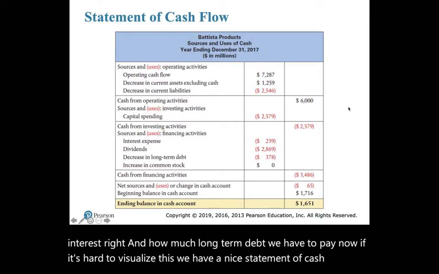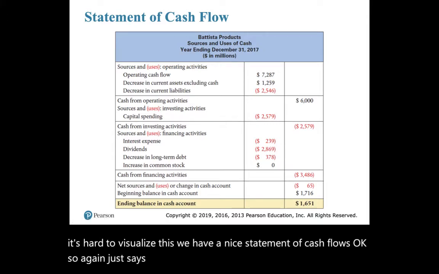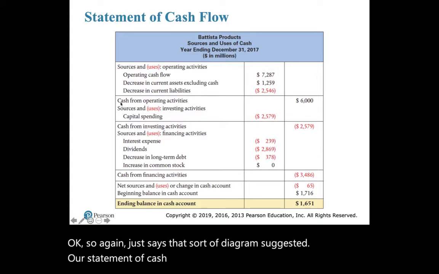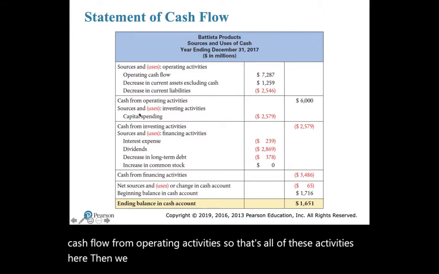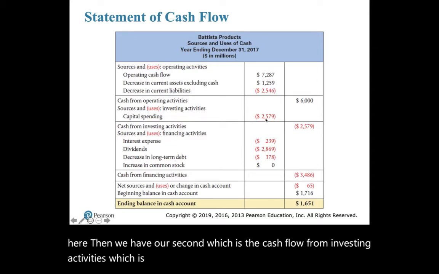So again, just as that diagram suggested, on our statement of cash flows, we have one component, which is the cash flow from operating activities. So that's all of these activities here. Then we have our second, which is the cash flow from investing activities, which is really just our capital spending.